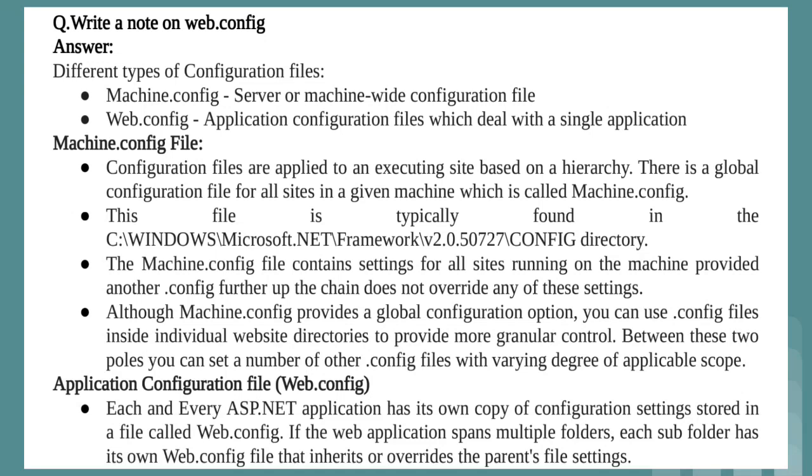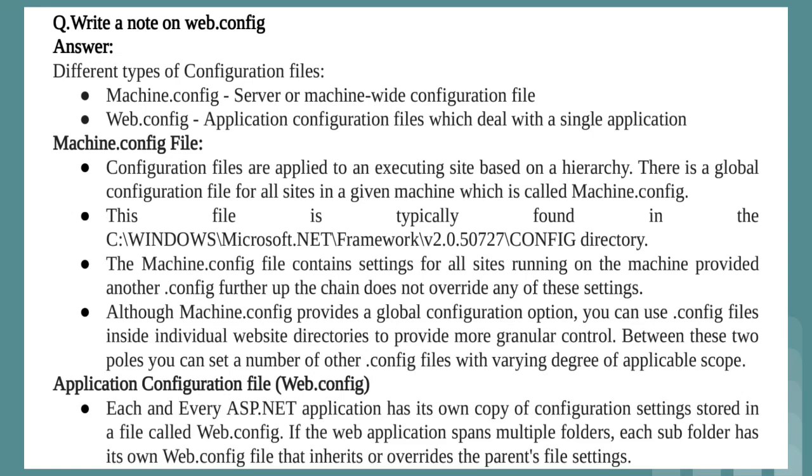Even if the website consists of 10 or 15 web pages, it is going to have only a single web.config file. So whatever configuration related settings we make to this file are automatically applied to all the web pages of the website. This is a very important file, and it is a kind of system file.